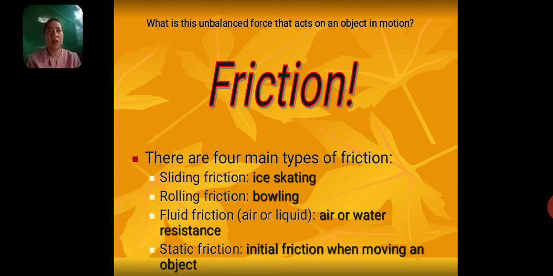Once a swimmer pulls the water backward, the swimmer tends to move forward, because of the friction. They will be able to push themselves on the water. So that is the fluid friction.